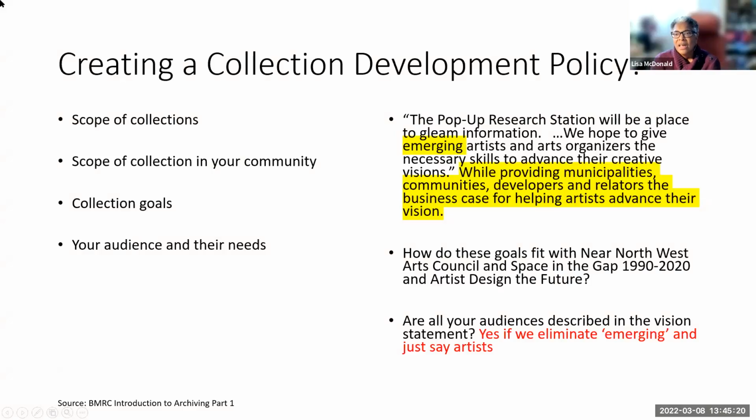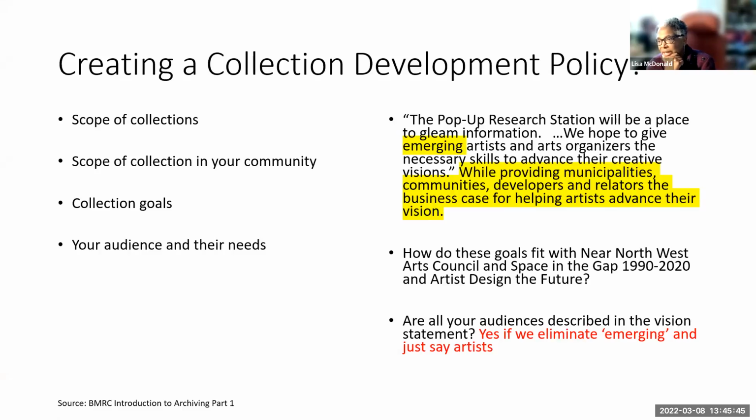One of the things we talked about was the scope of the collections, and the only thing that changed was that we asked whether all your audiences are described in the vision statement, and it was yes if we eliminate emerging and just say artists.